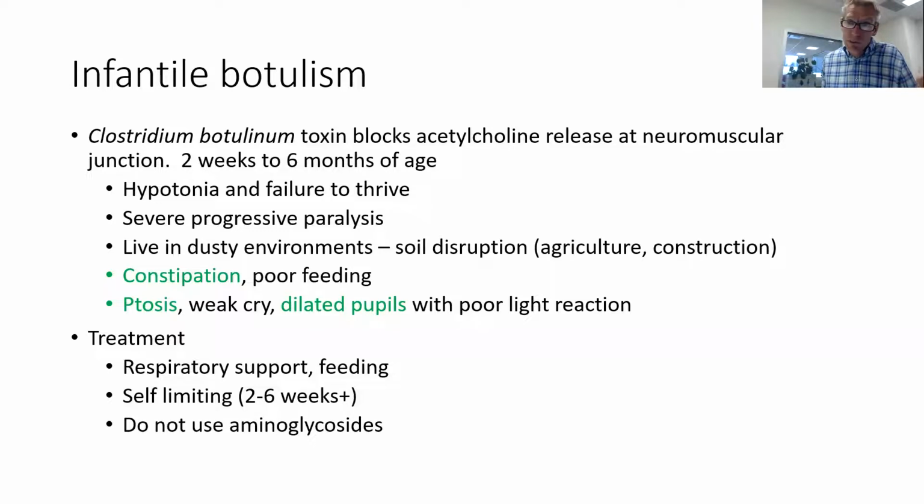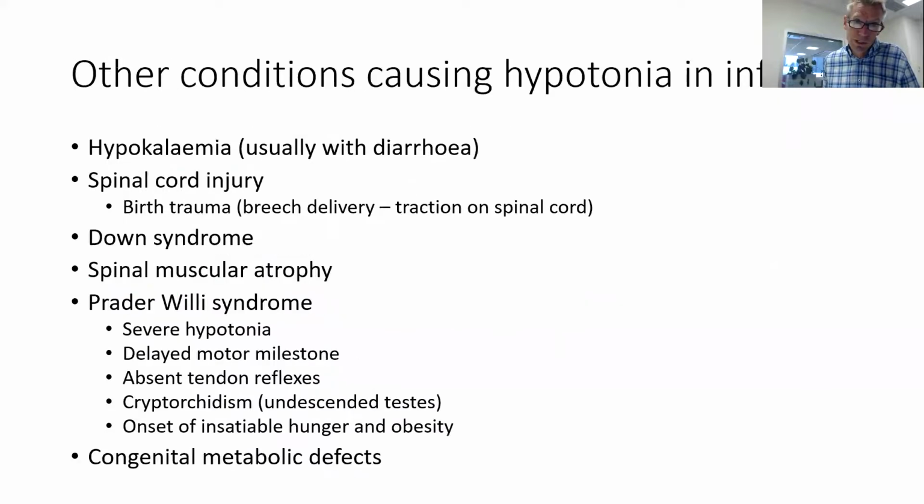If you can get the babies over the infantile botulism, just like children who've got tetanus, then they get better and they are normal afterwards. Obviously you give them antibiotics, penicillin for the Clostridium botulinum, but most of the treatment is supportive for their respiratory function.